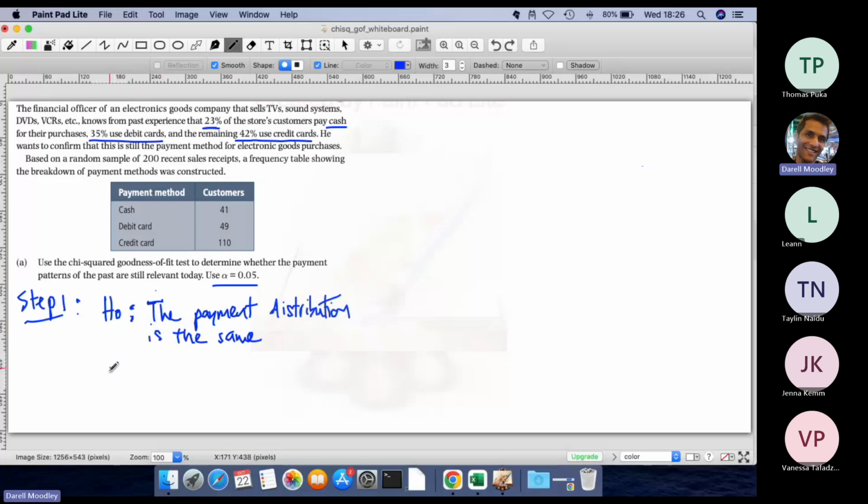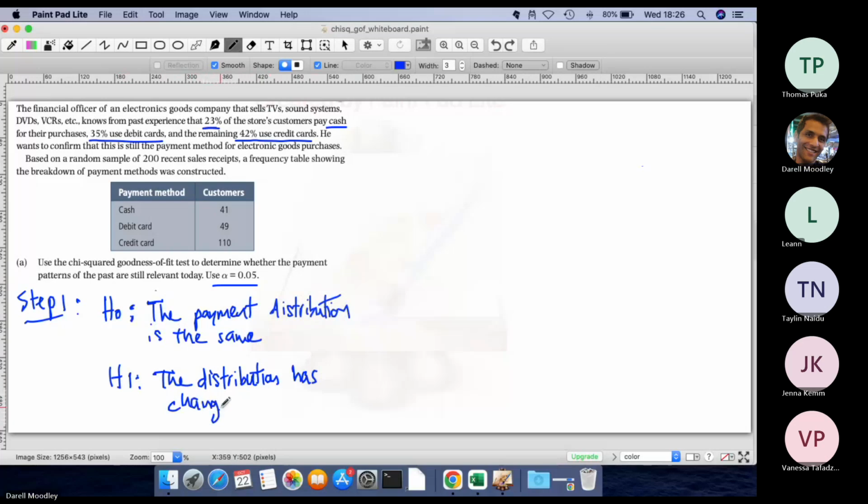All right. H1, you don't have to write a long explanation. Since you've already provided that for H0, you just need to say for H1, the distribution has changed.